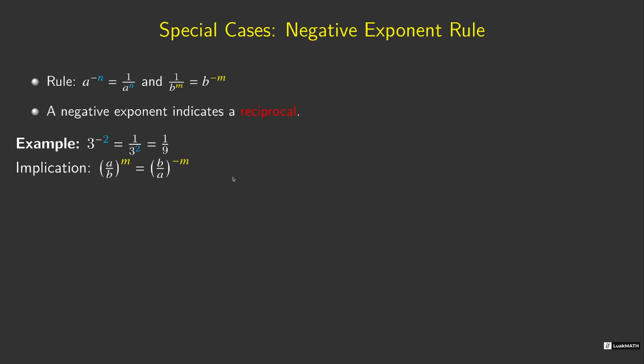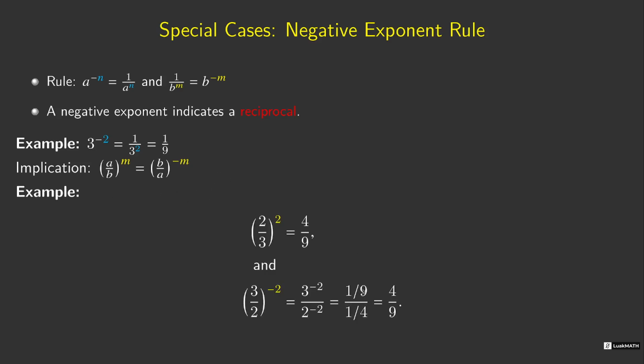Okay. So I have an example here. For example, 2/3 squared. Based on the rules of quotient we've seen, you distribute the 2. So you get 2 squared divided by 3 squared. 2 squared is 4, 3 squared is 9. So basically this fraction becomes 4 over 9. Similarly, I can use this implication to flip the fraction.